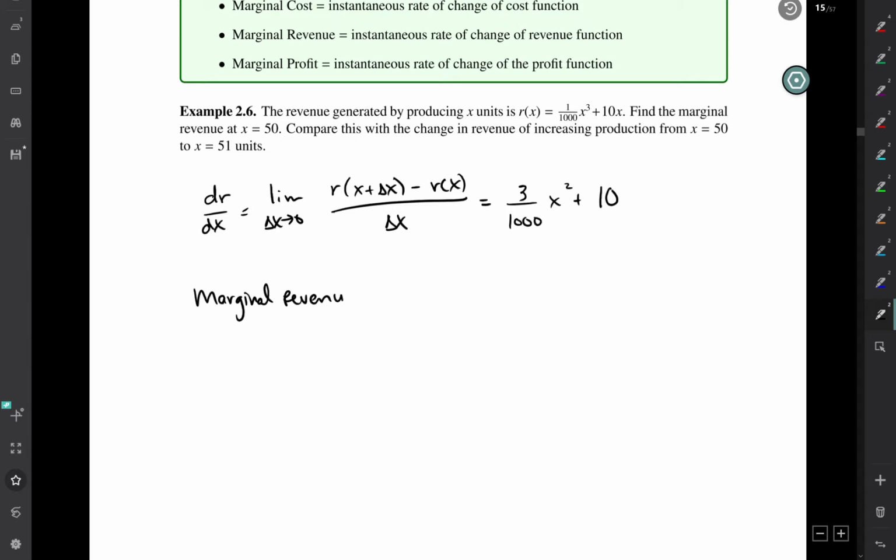we know that the marginal revenue is equal to the derivative evaluated at that point. So to get the marginal revenue evaluated at 50, all you do is take 3 over 1,000 multiplied by 50 squared and add 10.